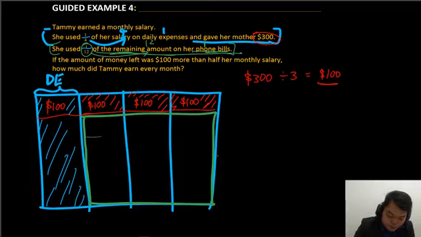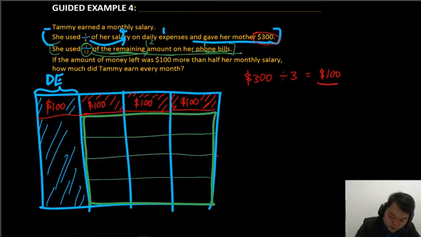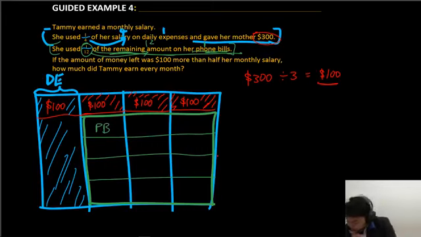To do that, we split these 3 columns into 12 blocks by cutting them across into 4 rows. So one of these will be on phone bills.